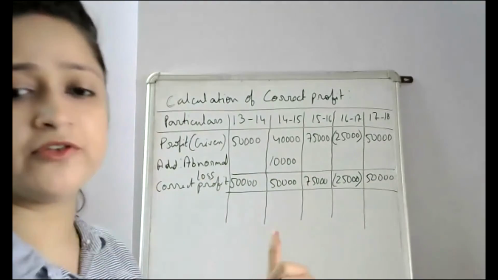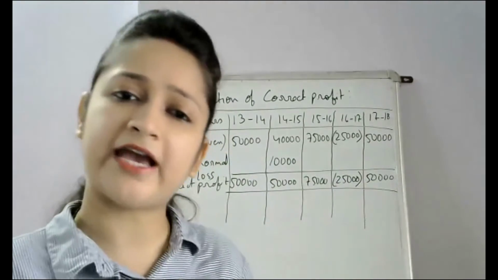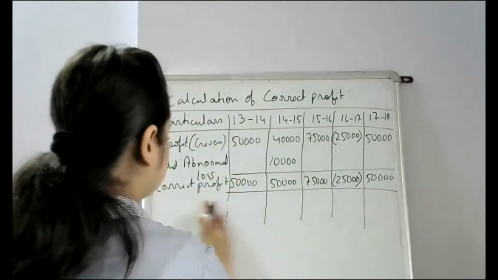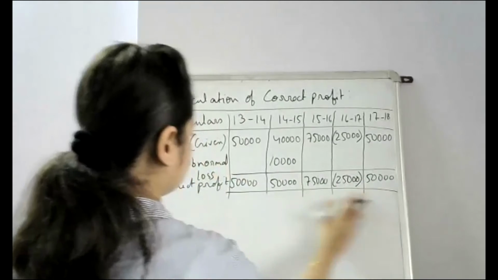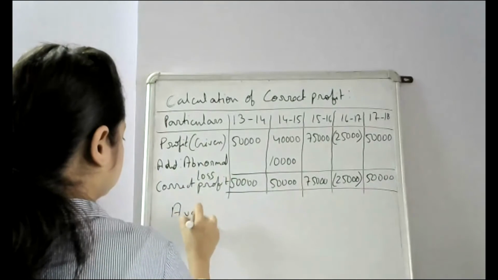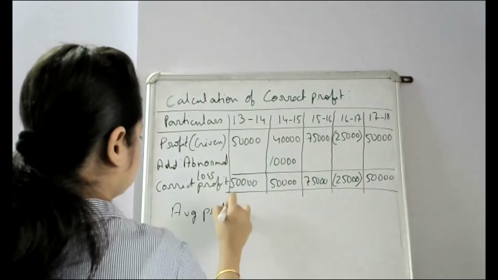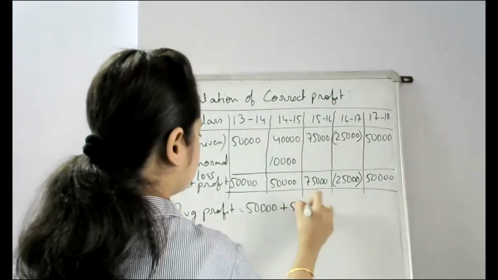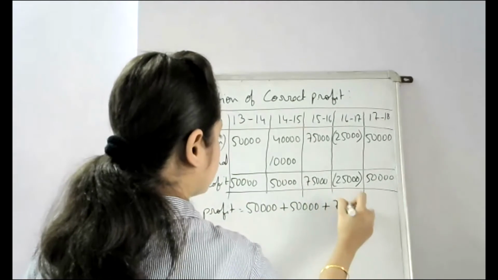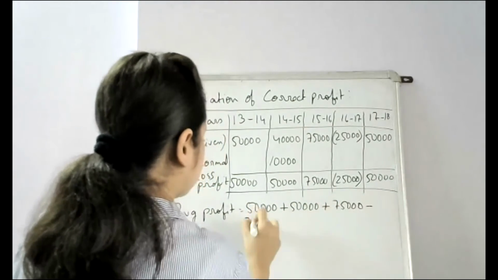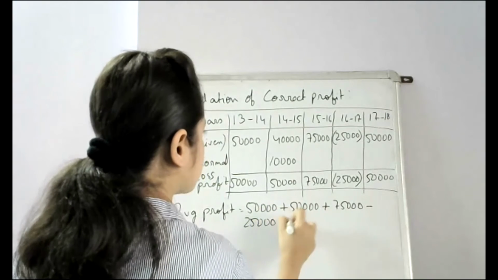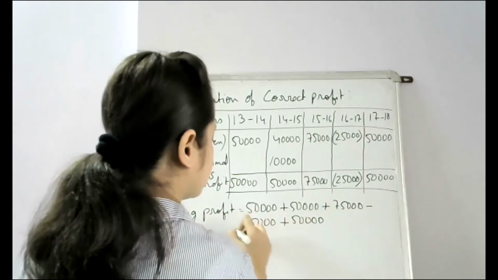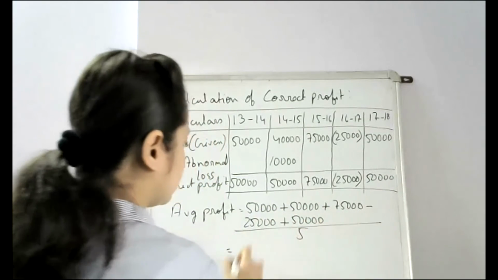Now you have the profit of 5 years. We will find average profit. 50,000 plus 50,000 plus 75,000 minus 25,000 plus 50,000, divided by 5.